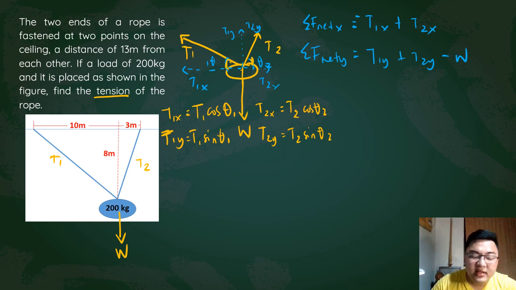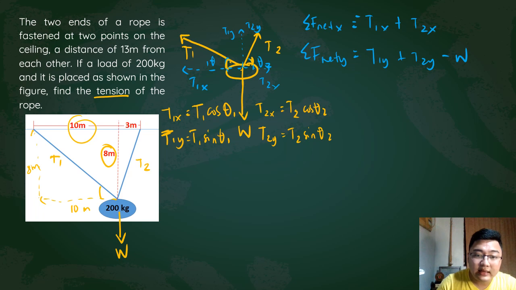Remember that we have the length of the ropes. If we look at this as displacement, with imaginary lines there, if this is 10 meters and this is 8 meters, then we can use these two values to solve for the angle.